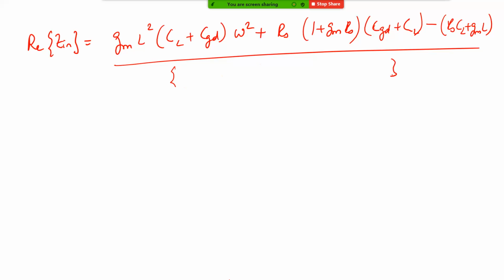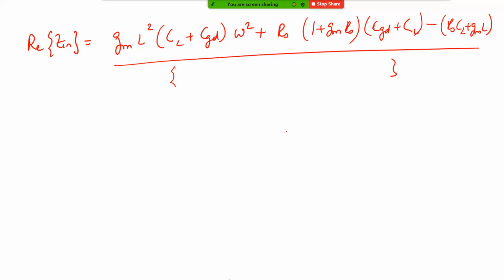Now, what is interesting here is, in contrast to the previous expression that we wrote in the last class, where both the numerator and denominator were entirely positive, it turns out that in the numerator of this particular expression there is a negative term.